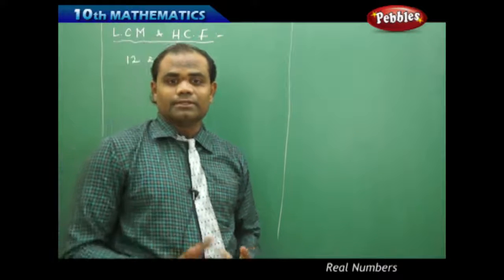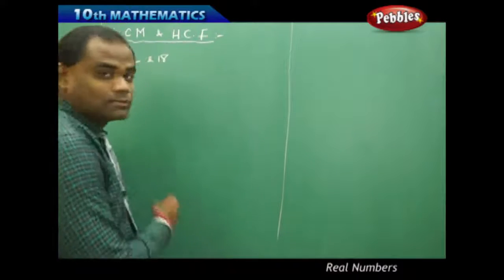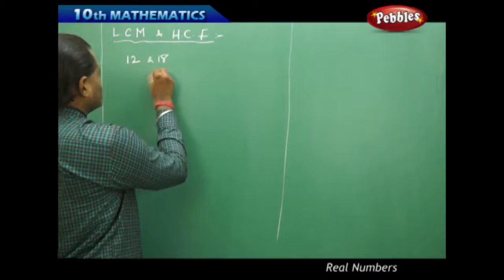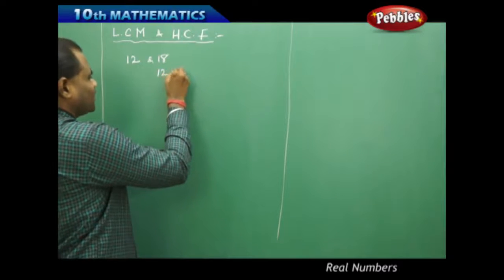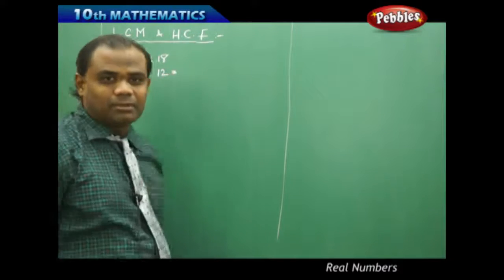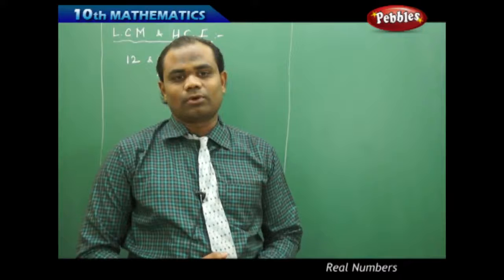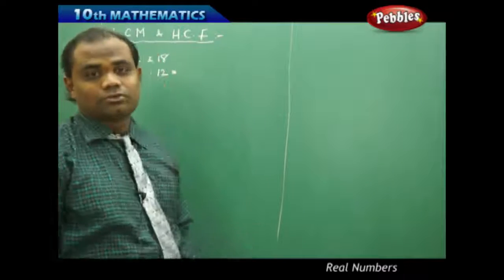understanding the LCM and the HCF. Coming to this, let me start with 12, and using the prime factorization method, I should be able to find all the possible products of primes for 12.